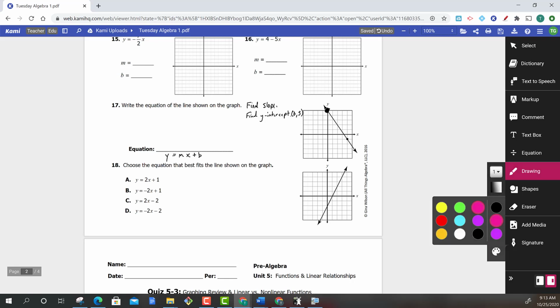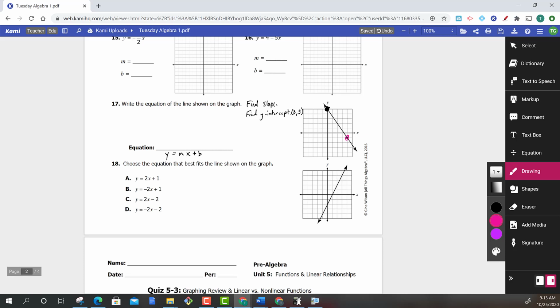The slope is also pretty simple to find. We can do this two ways. We can say, okay, this is my x1, y1, 0, 5. And that is the point 4, negative 1. That's my x2, y2. And you can use the slope formula. Or you can use the fact that this line is going downhill from left to right, which means the slope is negative, and we can do rise over run.